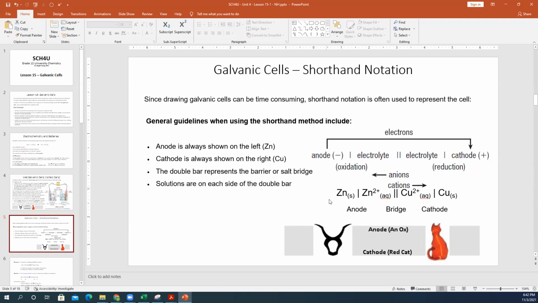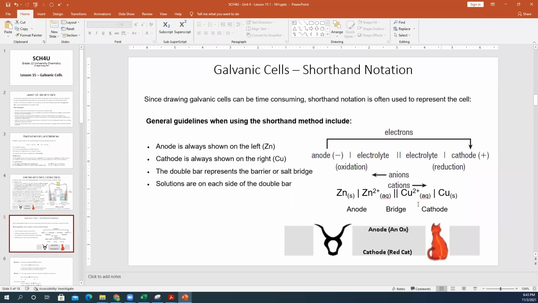A solid zinc atom is becoming oxidized to give zinc ions, which are aqueous. And it's very important that we write the solid and the aqueous here. And those two that are part of that same reaction are separated by a single straight vertical line.